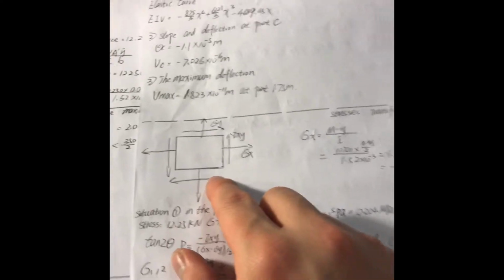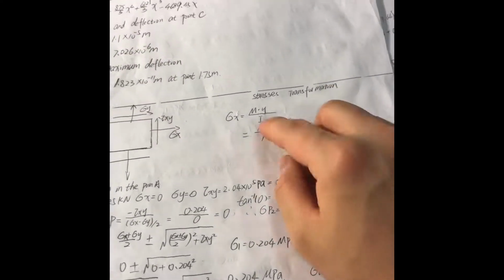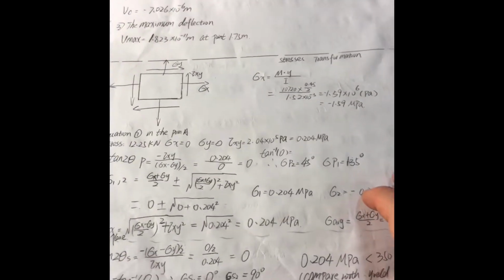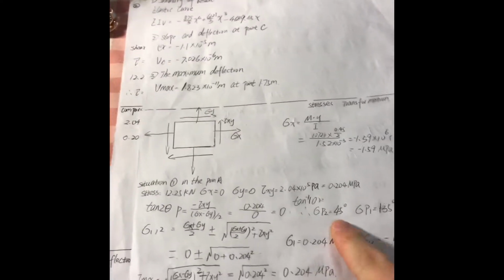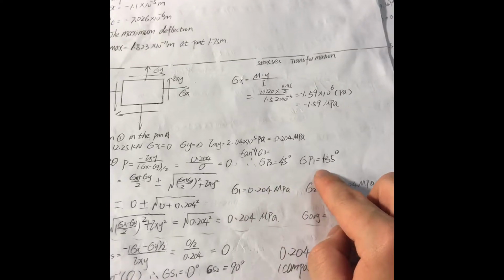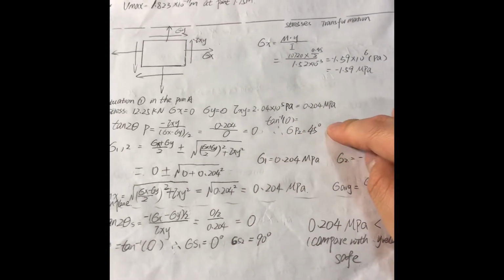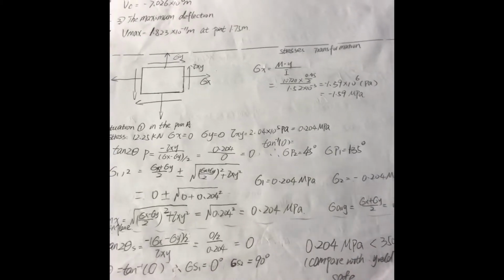And then here is the stress transformation. First we have to get the sigma x and the sigma y. After that we calculate the theta, the angles. After we get the angles, I found something interesting, which I hadn't learned clearly before, but when I asked a teacher for help: sigma p2 and sigma p1 always have a 90-degree difference, and sigma s and sigma p2 always have a 45-degree difference.